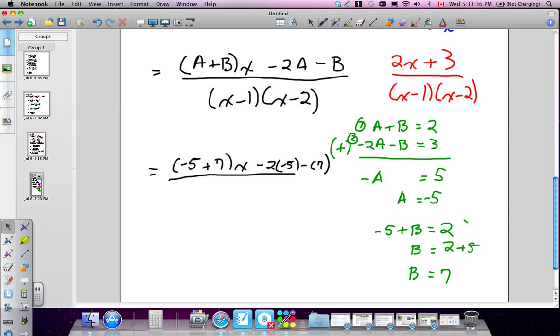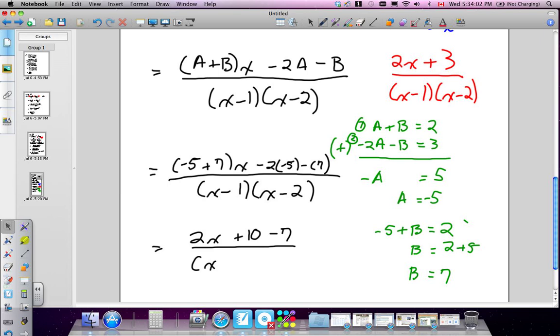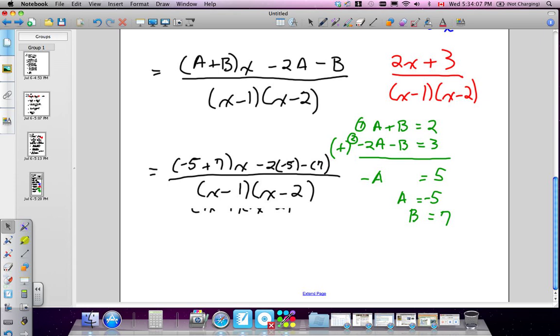Okay. Negative 5 plus 7, so 2, times x is 2x. And here we go, negative 2 times negative 5 is positive 10, and then minus 7 is just 3, which is going to be 3. So x minus, and so on. And then finally, we get 2x plus 3 over x minus 1, x minus 2.